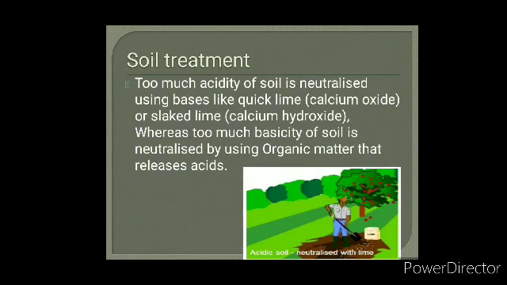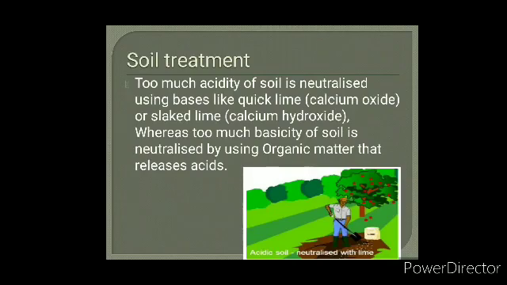Again I am saying, when the soil is too acidic, we need some base. We will treat it with bases like quicklime or slaked lime. If the soil is basic, then we need to add organic matter, organic compost.